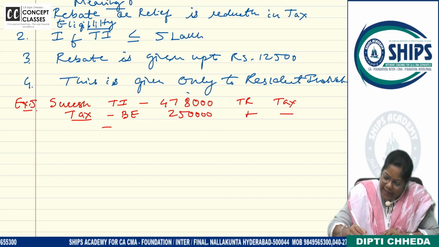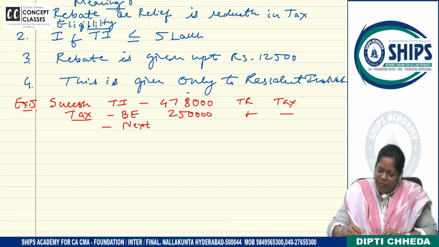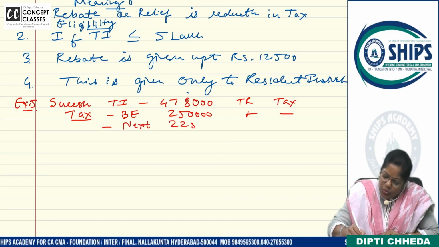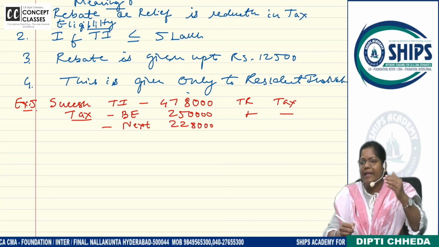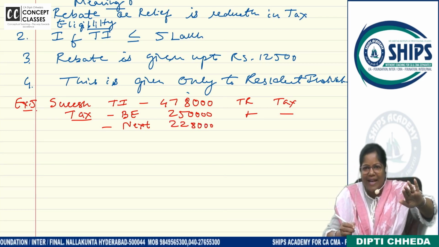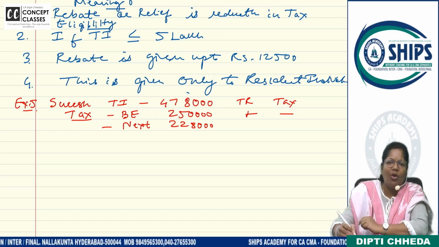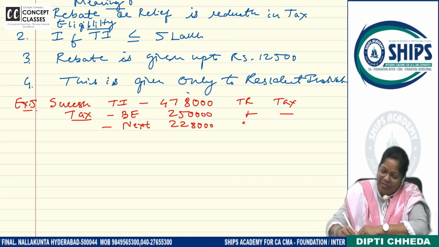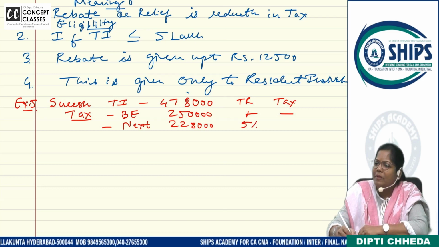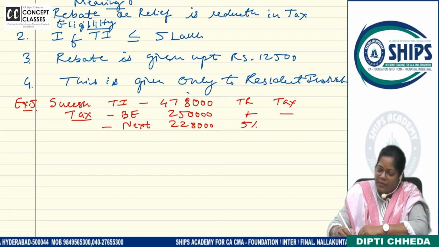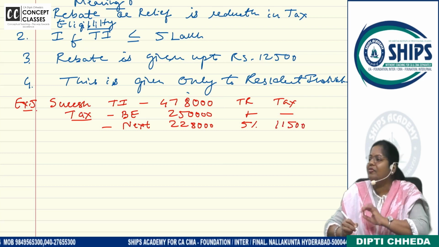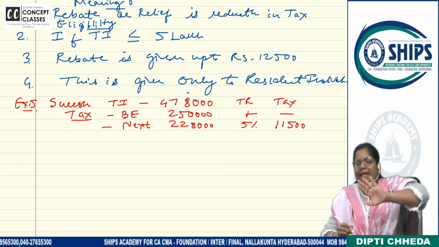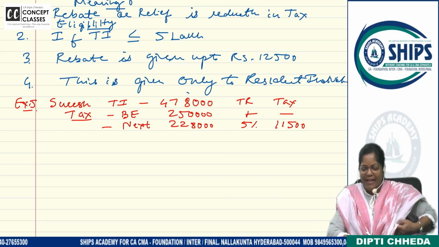Then on the next, how much? 478 minus 250 is coming to 2,28,000. On total income, the first 250 has no tax. On the next 228, how much is the tax? 5%. That comes to how much, dear students? Some of them I think are stuck. How did I get 228? 478 minus 250, remaining is what?